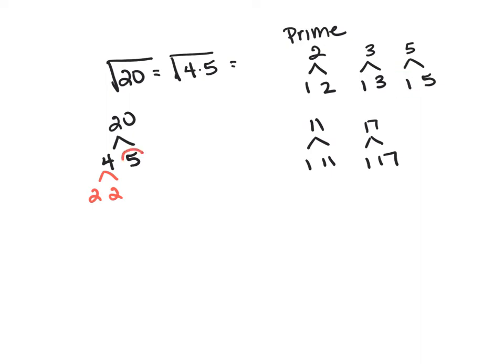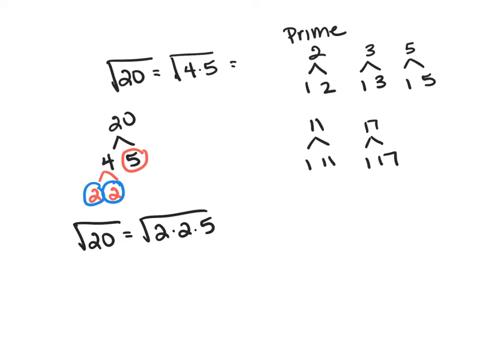I'm going to go ahead and circle this number because it's a prime, and that means I can stop dealing with it. Now, I've broken 4 down to 2 and 2. Is the number 2 prime? Well, over here I see that it is prime. So both these 2's are prime, which means that the square root of 20 is also equal to the square root of 2 times 2 times 5.